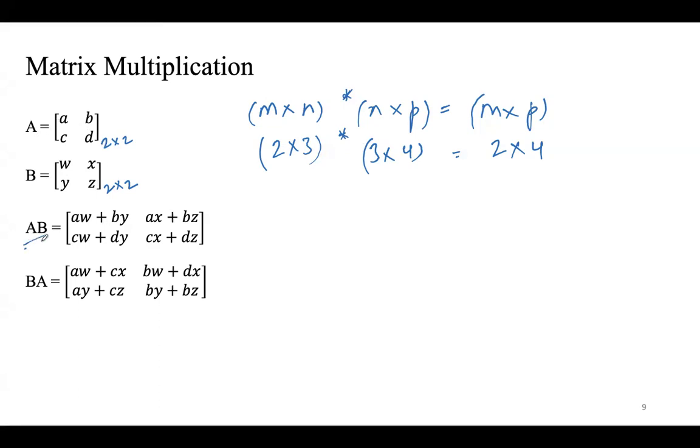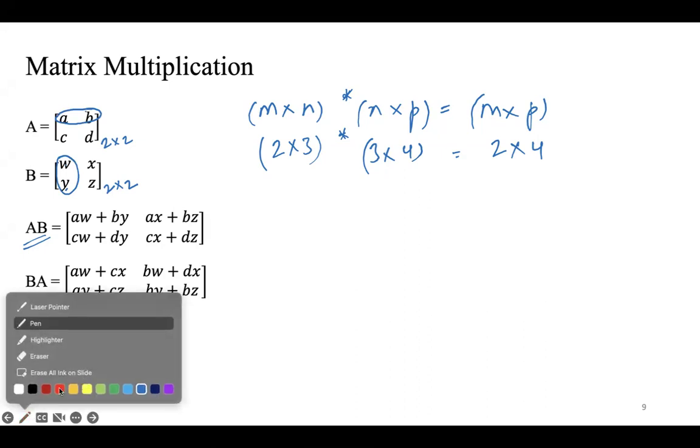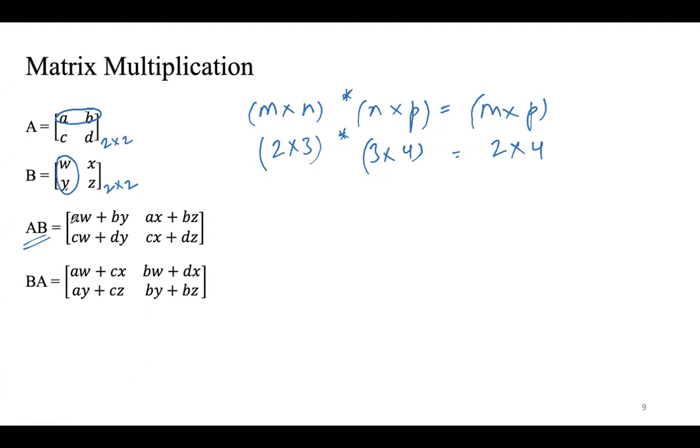Let's say we first want to do AB. The first element comes from the first row and the first column, so you do A into W plus B into Y, and then you get this value.